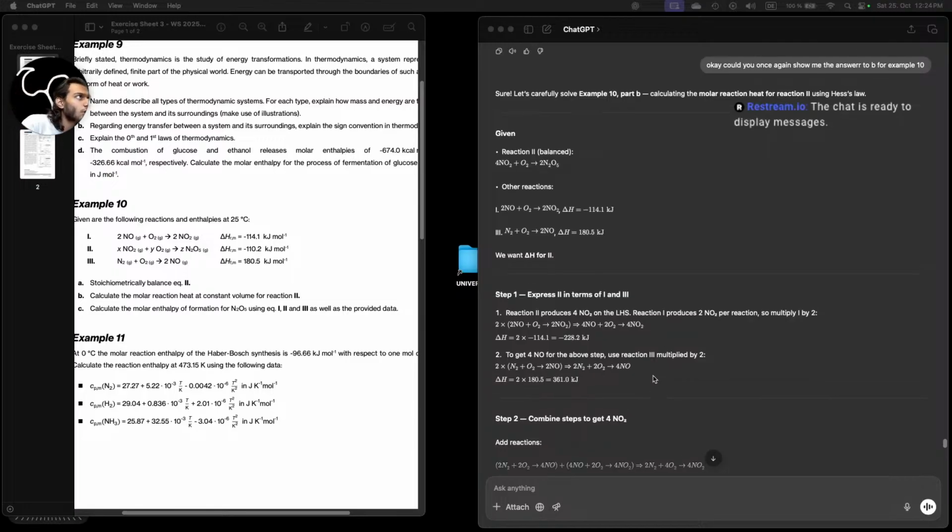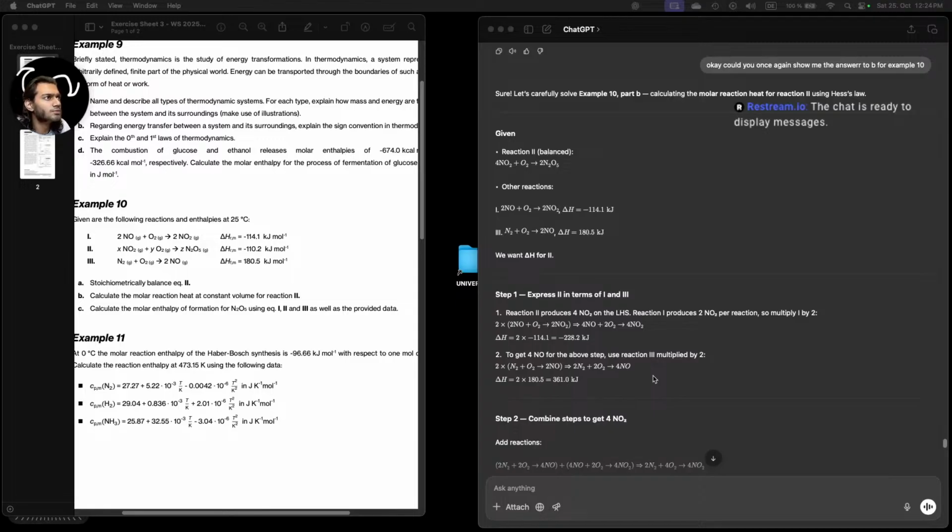Let's carefully solve example 10, part B, calculating the molar reaction heat for reaction 2 using Hess's law. Given reaction 2 balanced and the other reactions, we want delta H for reaction 2. We have to find the molar heat of reaction.